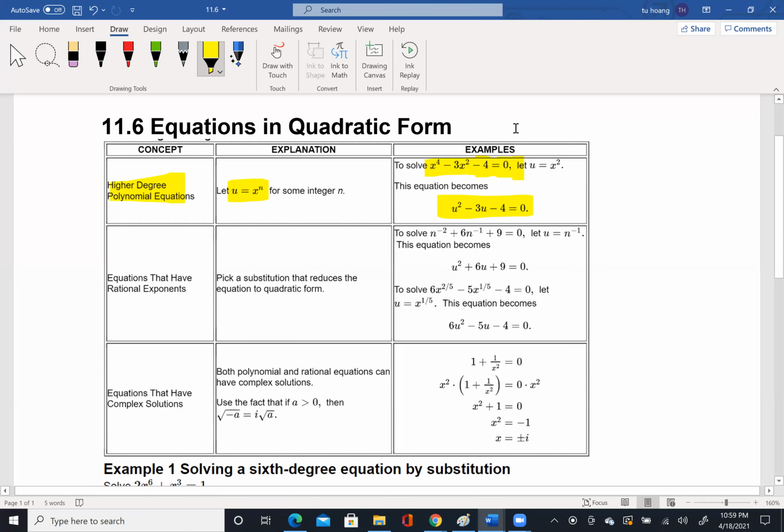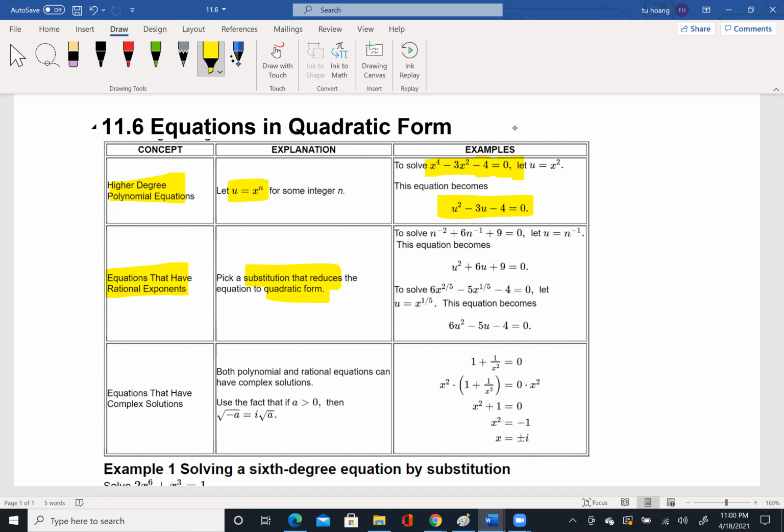We also learn about equations that have rational exponents. So we're also going to pick a substitution that reduces the equation to quadratic form.